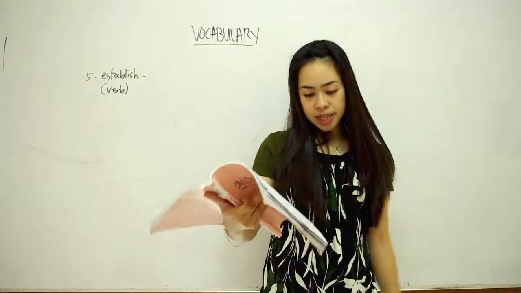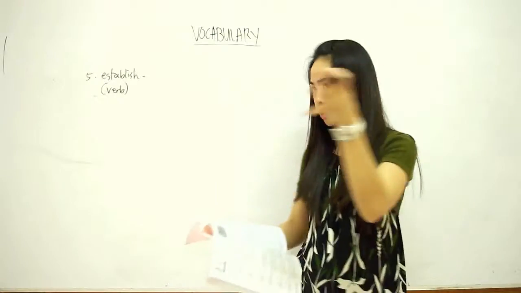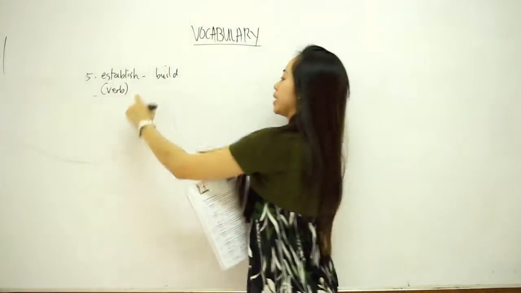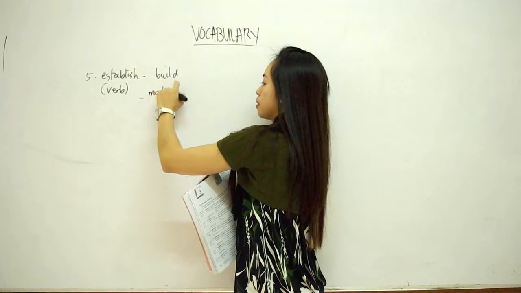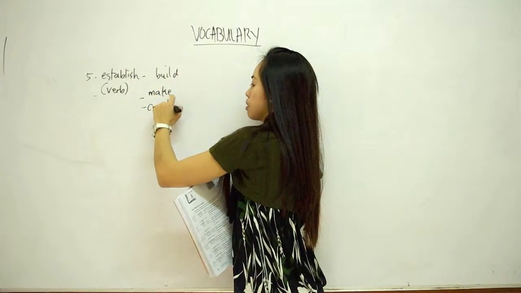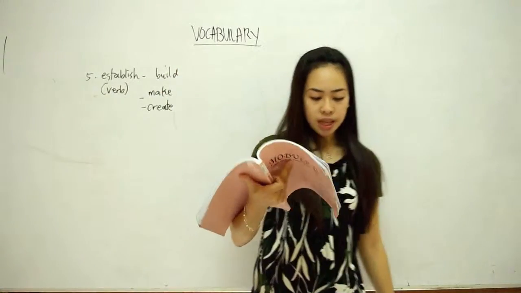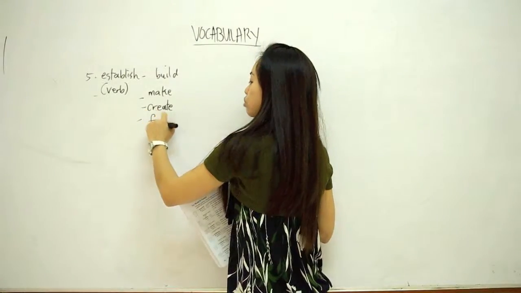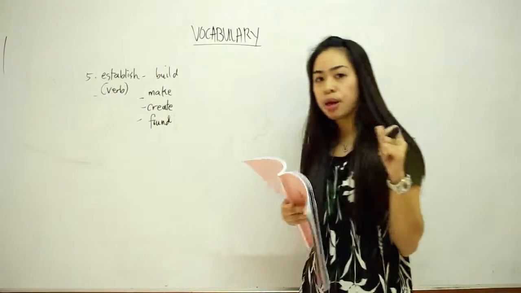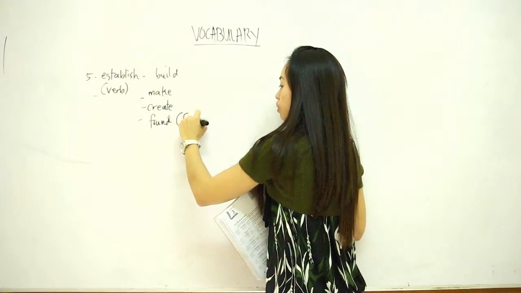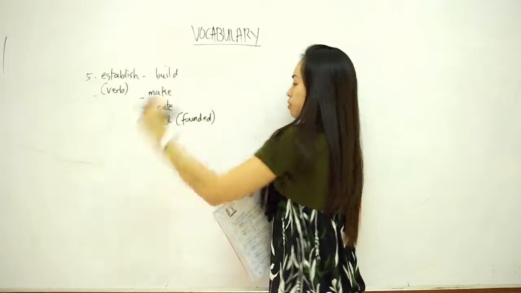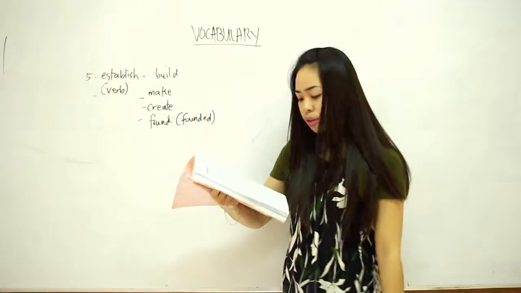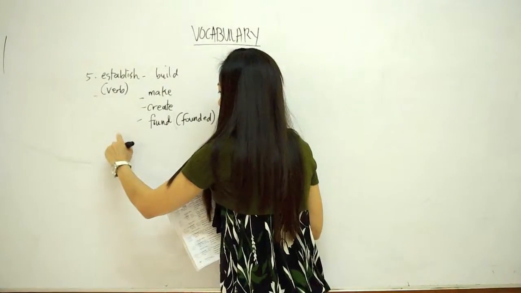When we say establish, we mean, by simply saying, build, make, or create. Another is to found. Found here is not to search, but like having a foundation. Founded. Not find.